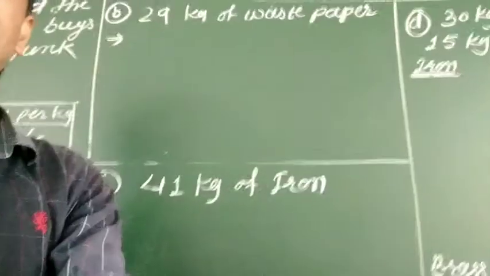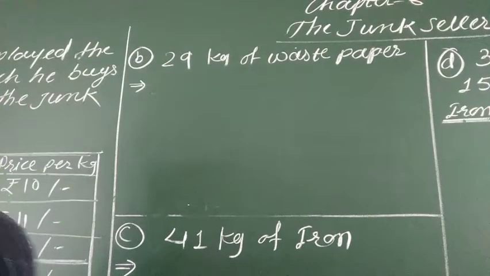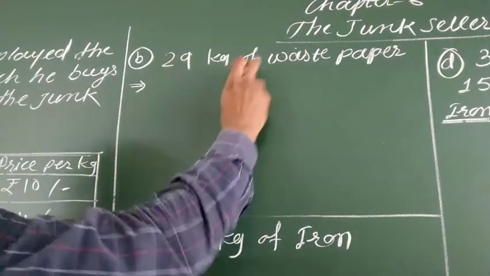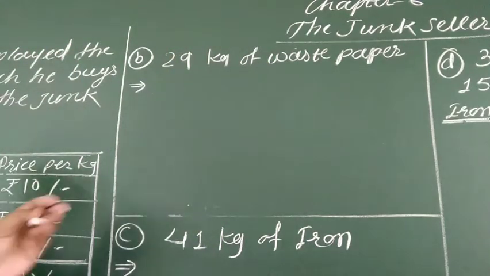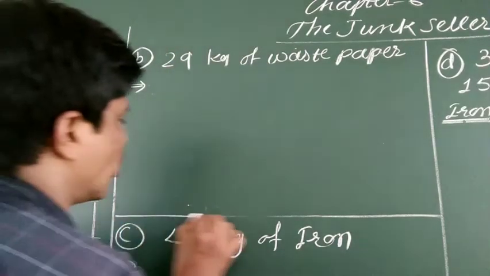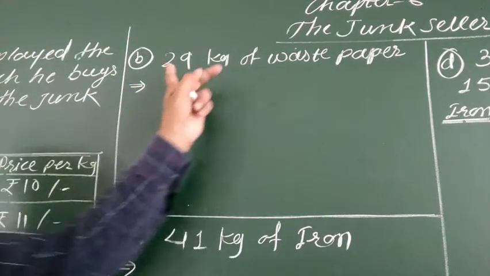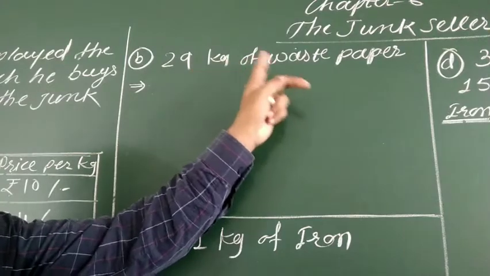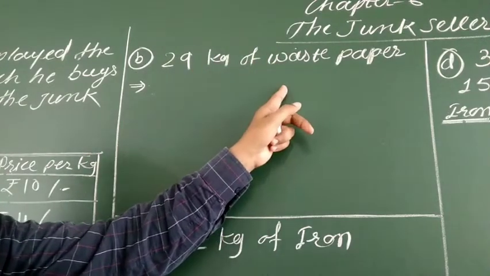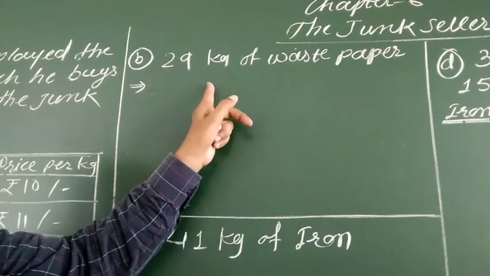Now the next question. It is about 29 kg of waste paper. In this example we have to find the total amount for 29 kg of waste paper. See, the weight is given here, but the rate of waste paper is not given in the question. So to calculate the total amount, again we have to see our rate list.